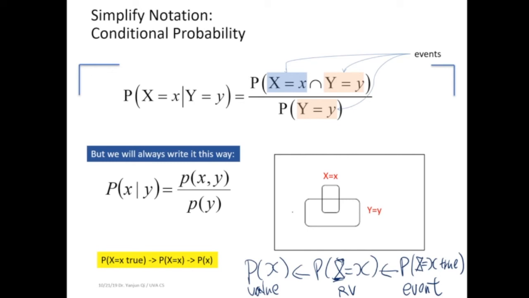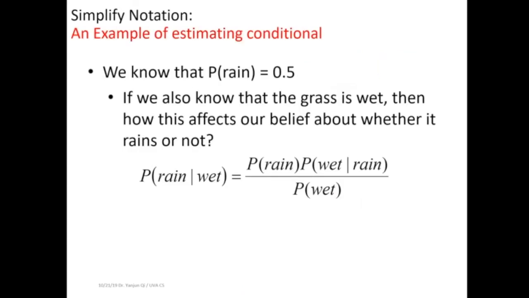The first concept is the event, a subset of the sample space. You simplify it into x equal to x in a functional view. Then you simplify even further, forgetting about the capital variable and only keeping the output value in this probability. But keep in mind, it's actually a random variable.